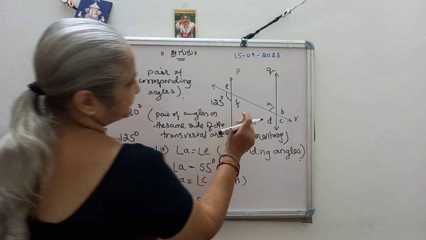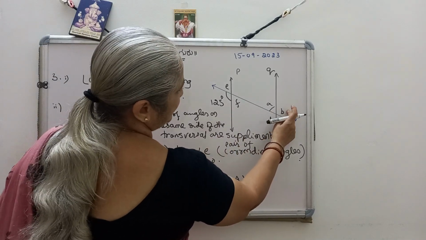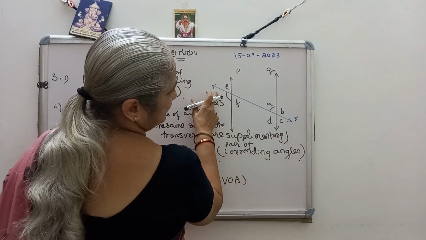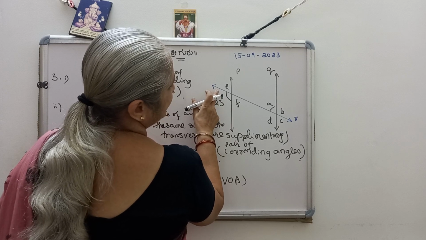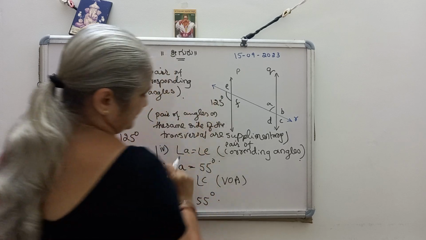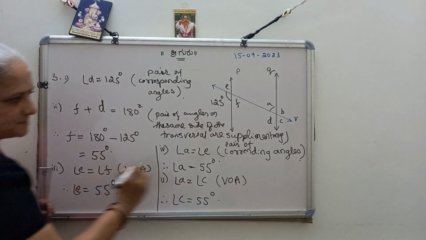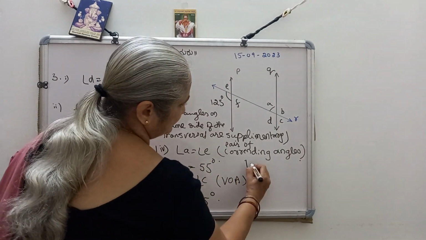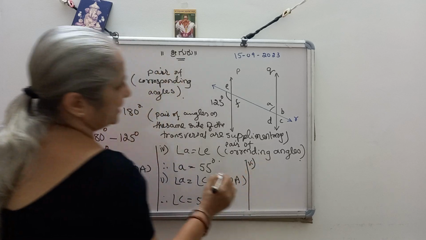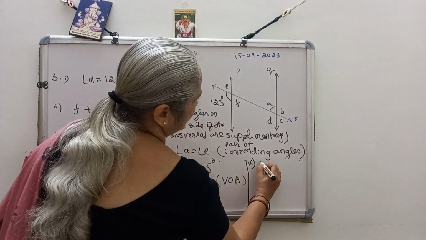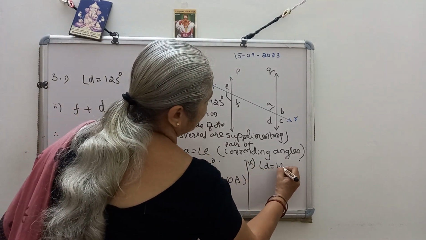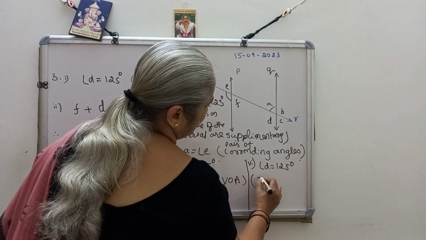Now, angle B and this angle are exterior alternate angles. Therefore, the sixth one we can write as angle D is equal to 125 degrees.